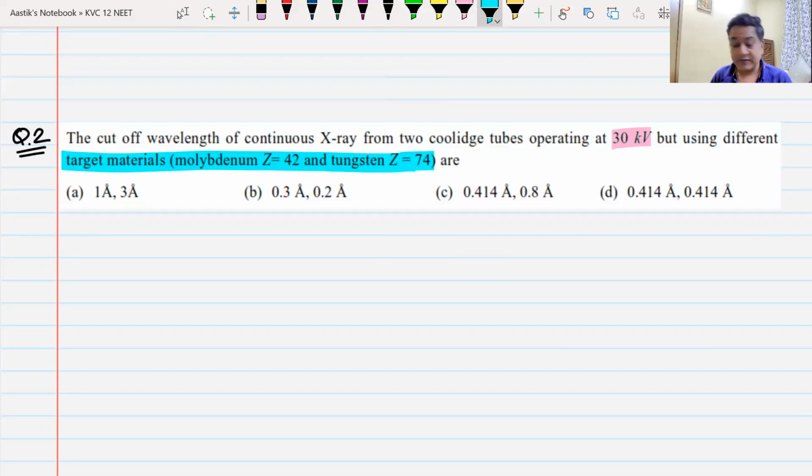We have not talked about target metals, but still I'm giving you this question, and I'm hoping that you would still be able to give me the answer. Okay, I give you 1 minute.